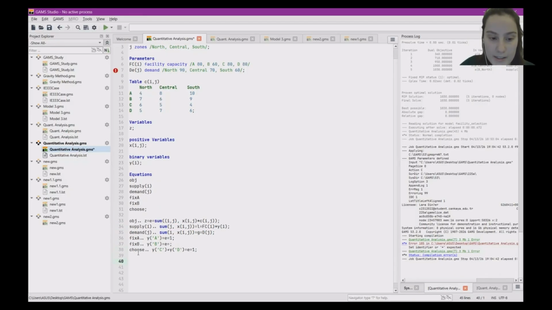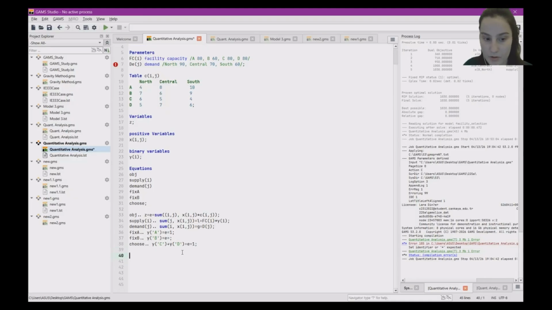Okay, for the end, because I'm now done with my equations, I'm going to have to make this work. So for quantitative analysis, I'm just going to write QA, and then all, and then we are going to solve QA using MIP, because it's mixed integer programming.